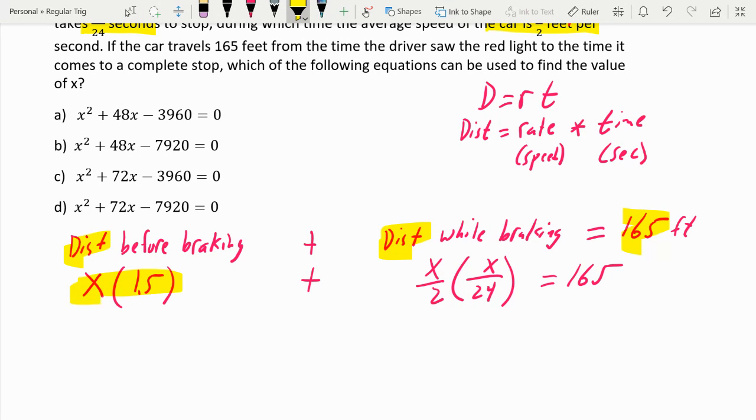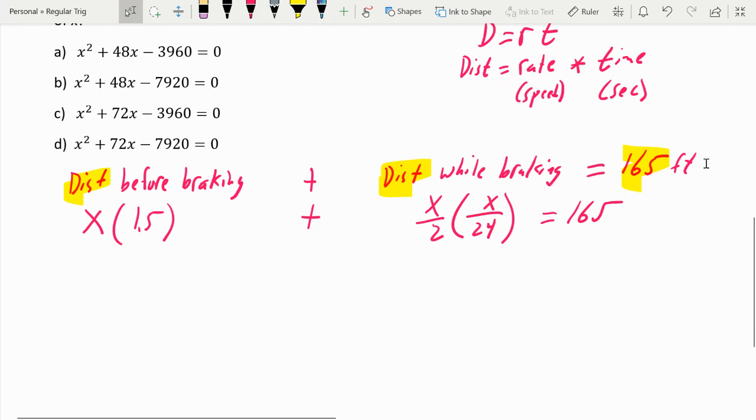Because we should agree, speed times time gives me distance. So we're going to just do a little bit of algebra here. x times 1.5 is 1.5x, no big deal. Plus x over 2 times x over 24.